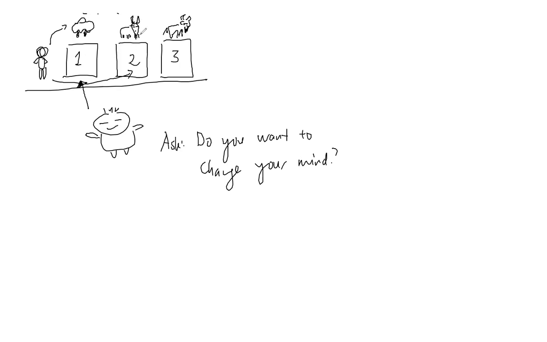So for example, he will show you 2, and then he will ask you, do you want to change your mind? And when most people are confronted with this kind of question, how would they react? So you choose 1, he will reveal 2, for example. Then he asks you, do you want to switch?